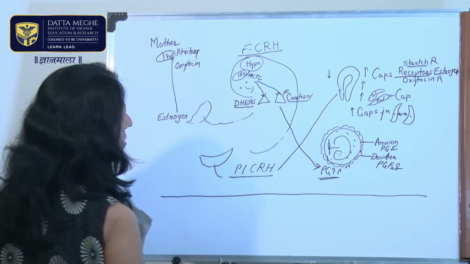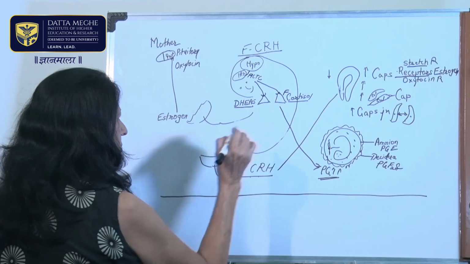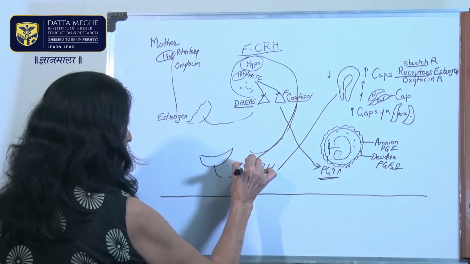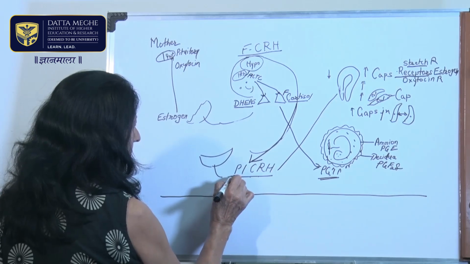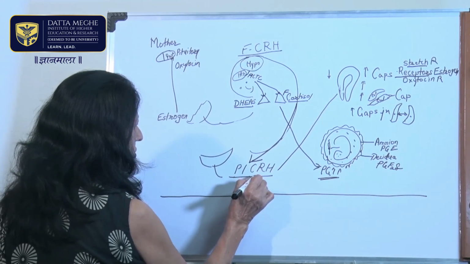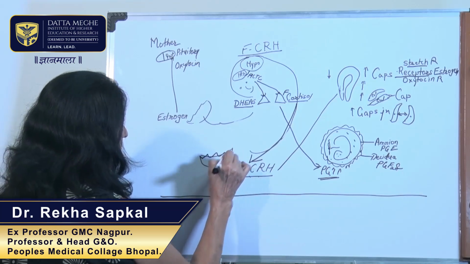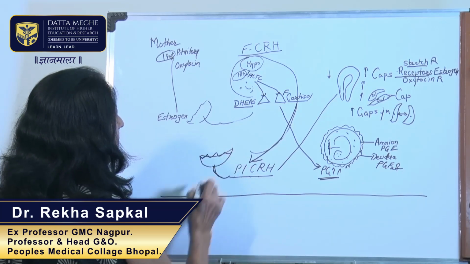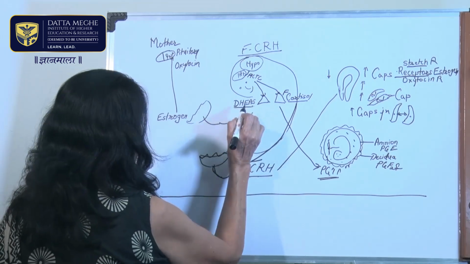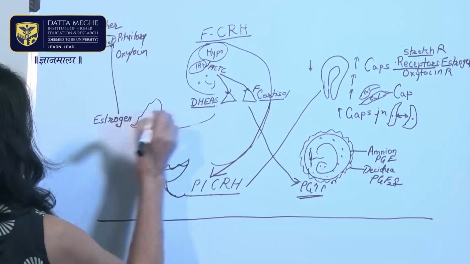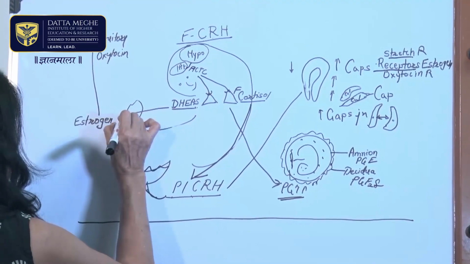This fetal cortisol in turn forms the placental corticotropin releasing hormone from the placenta. So, this one is the placenta I have drawn. This DHEAS which is produced from the adrenal gland produces estrogen from the placenta.